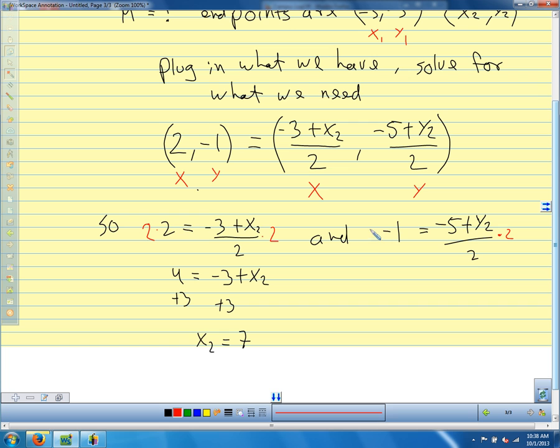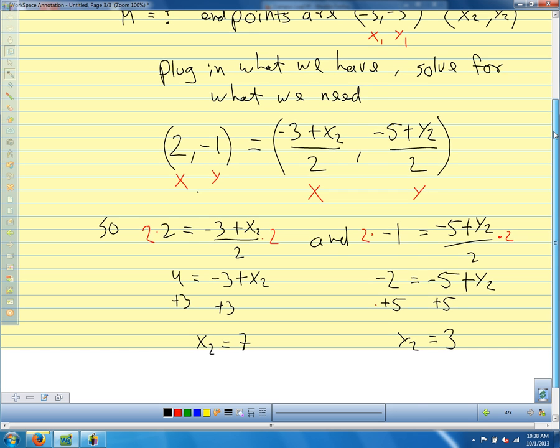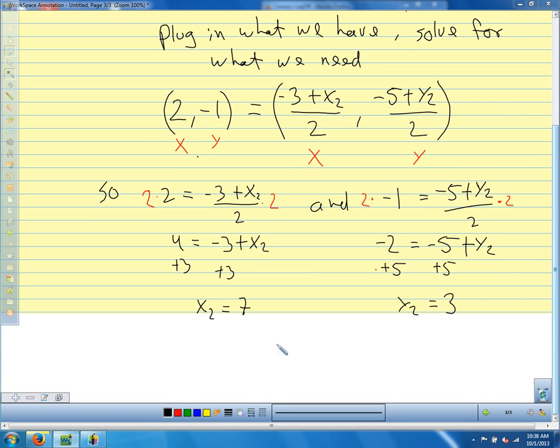Multiply by 2. -1 times 2 is -2. Those cancel and I get -5 plus y2. Add 5 to both sides. Turn it around, I get y2 equals 5 plus -2, which is 3. So the other endpoint is the point 7, 3.